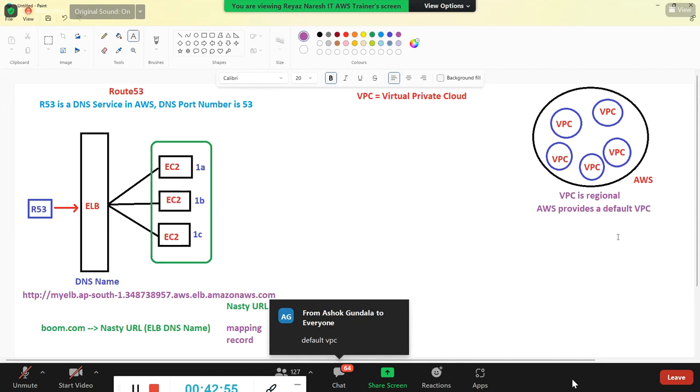Once we are perfect on it, then we can create our own VPCs. Until then, we can use the default VPC only. So do you all agree that AWS provides a default VPC?